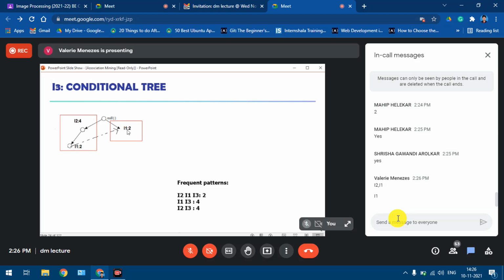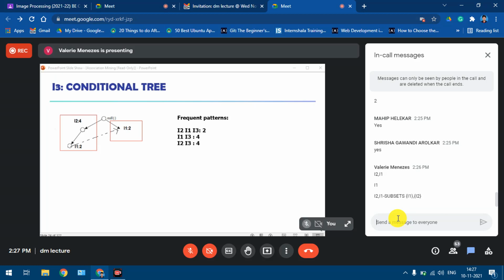Okay. So now over here, we'll append I1, I2, I2, I1, and we append I3. Then, if we take the subsets, listen carefully to what I'm saying. If you take the subset I1, I2, what will we get here?